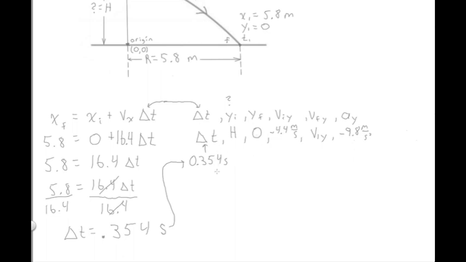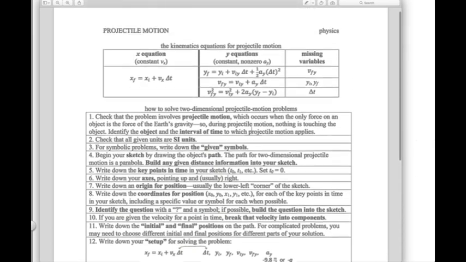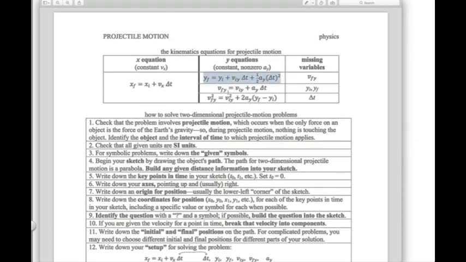Okay, now remember we said that when we knew 4 y values, we would be ready to pick a y equation. And now, with the addition of the delta t, we do know 4 y values. So it's time to pick a y equation. Here on the handout are our options. Now, which equation do we want?